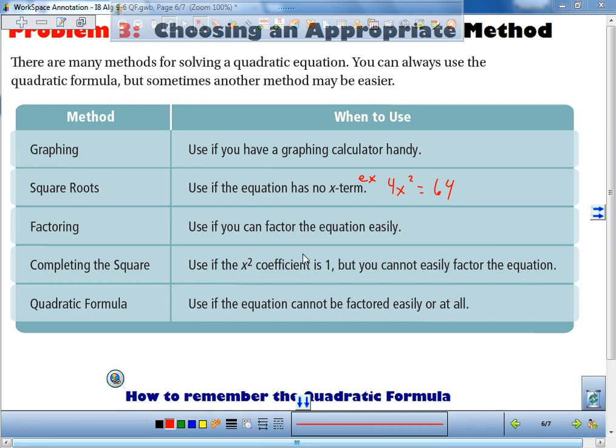You can use completing the square if you can't factor it, and a is 1. And then you can use the quadratic formula for any one of them. So if none of these are easy to do, then I would just use the quadratic formula because I can use it for any quadratic equation and get the answer.